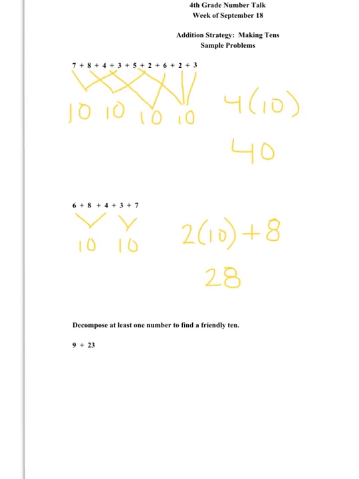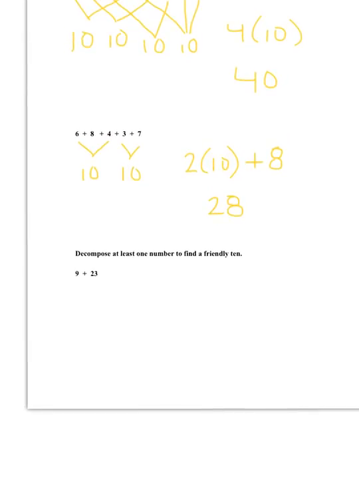When we come down to the decomposing, what we're looking at is the idea that 23 can also be written in other ways. We can also think about the substitution property. So we know that 9 and 1, wait a second, what if we looked at that 23 and said 1 plus 2 plus 20 is the same as 23.